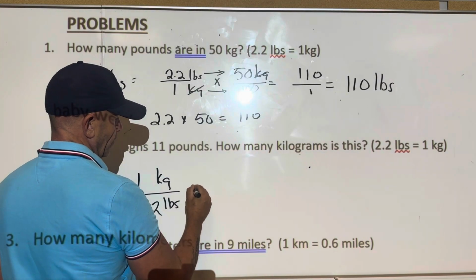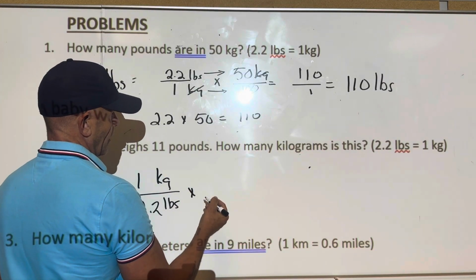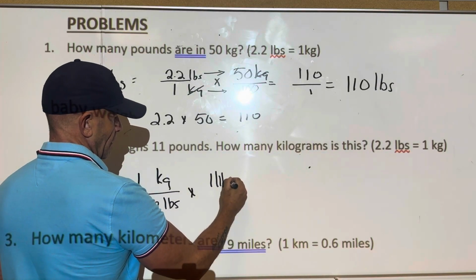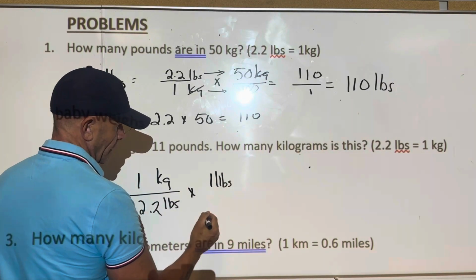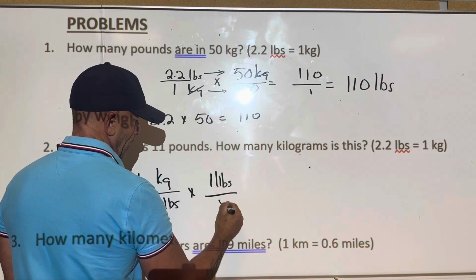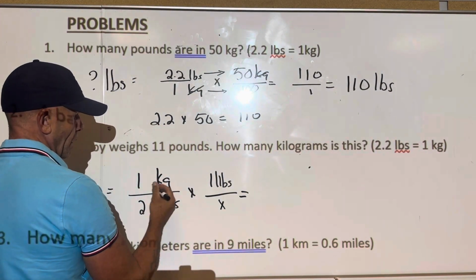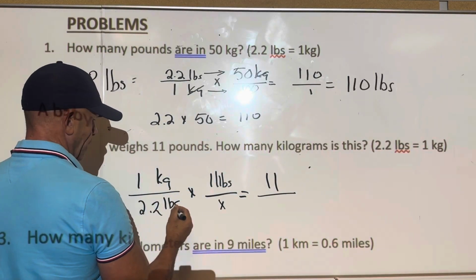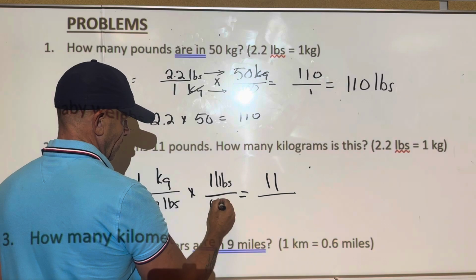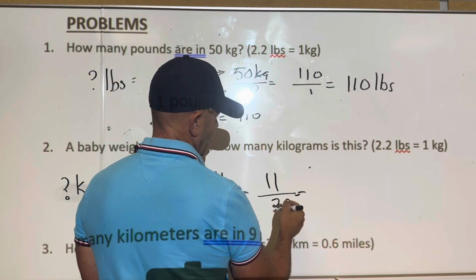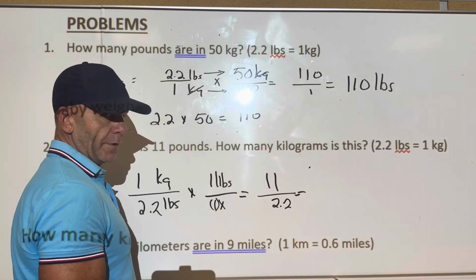Then we come over here and multiply, and then we're going to put 11 pounds, because remember, we want to make sure that whatever is here is equal over X. So 1 times 11 is 11. 2.2 times 1 equals 2.2. We divide 2.2 into 11, and what do you get?